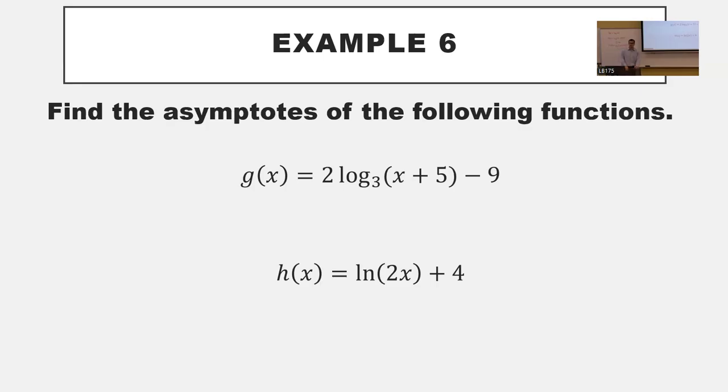Now, the one thing I do want to confirm on these is the asymptotes. Remember, we have a vertical asymptote at x equals 0 on our base function. So if we shift our base function 5 units to the left and then down 9 units, where is that asymptote now going to be?